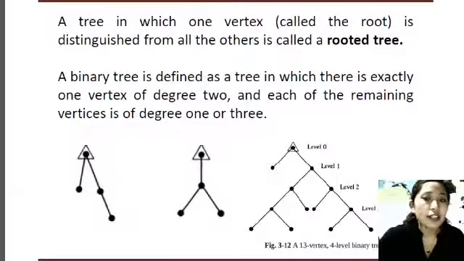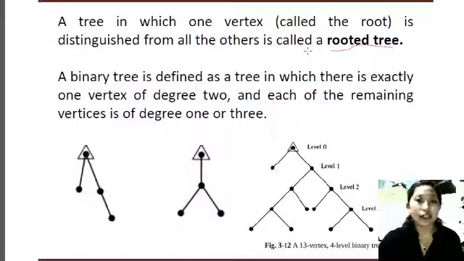Now moving ahead, there is a special type of tree that belongs to rooted trees. A rooted tree is a tree wherein one vertex will be different in comparison to other vertices. Now that difference can be in terms of any characteristics. Like we can give that difference in terms of degree, or in terms of its properties, or it can be anything else.